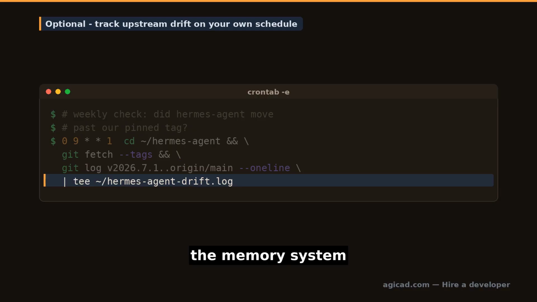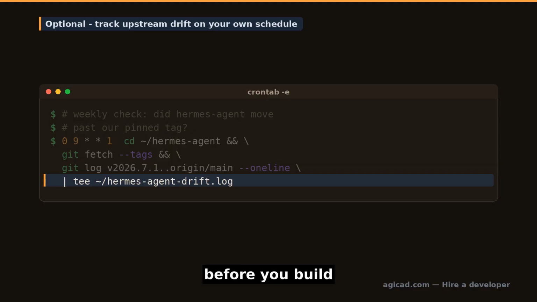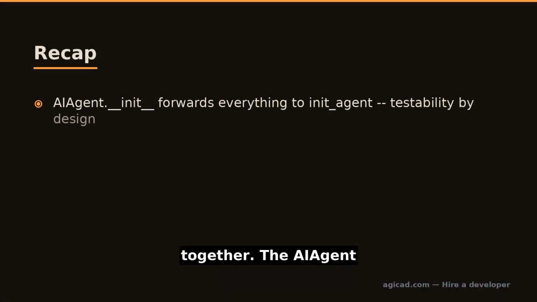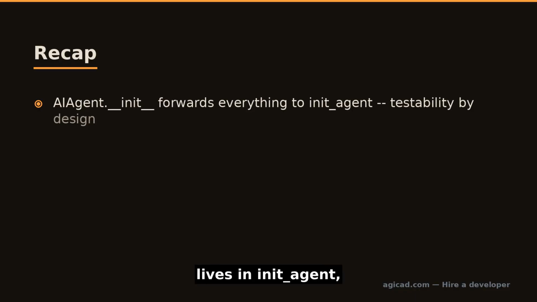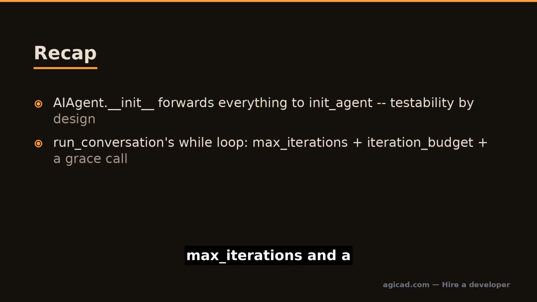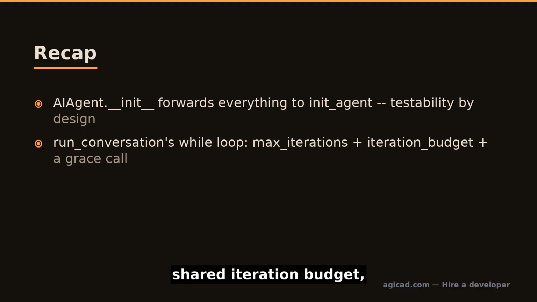Let's pull it together. The AIAgent constructor is a thin forwarder. All the real setup lives in an agent, kept separate on purpose. The actual work happens in run_conversation's while loop, gated by max iterations and a shared iteration budget, with one grace call so a turn doesn't die mid-thought. Every iteration ends at a fork.